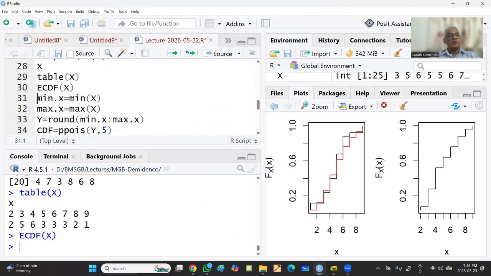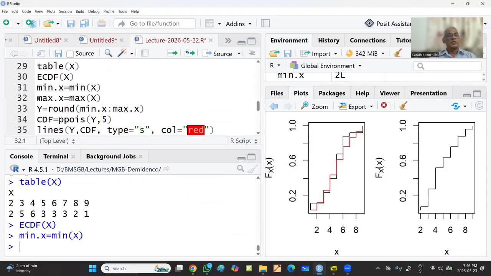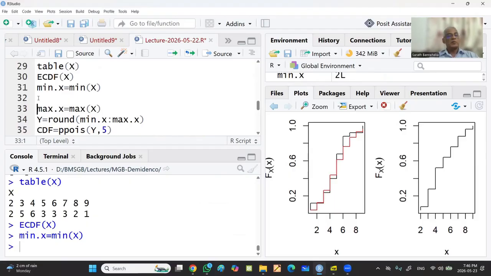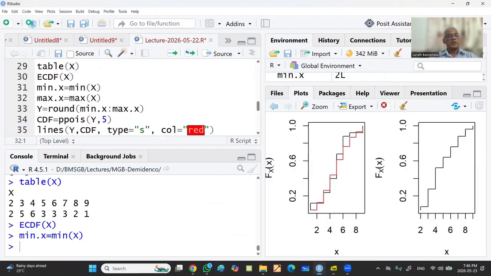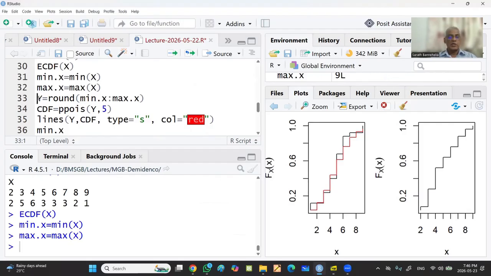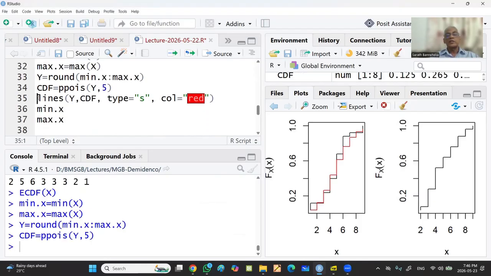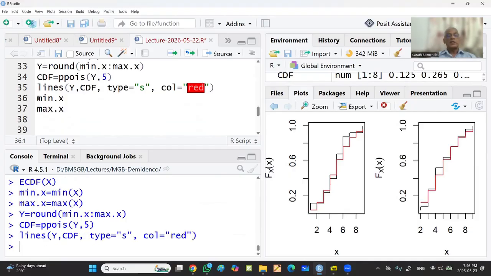Now I will find the minimum observation and the maximum observation in my data set, and I will get the y values to be all the integer values between minimum and maximum. Then I will calculate the theoretical CDF at those values of a Poisson 5 distribution. So I will now add the theoretical CDF.